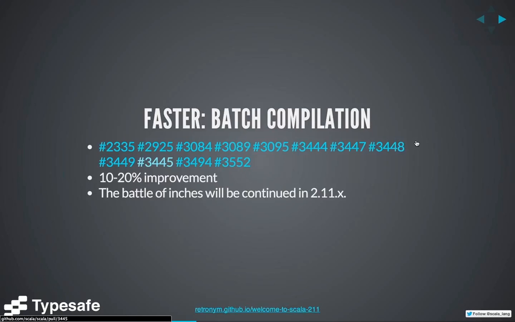We've got more patches on the way. It just takes a little bit of time for us to get these reviewed and make sure that we're not compromising correctness in the name of performance. But it's definitely an area where we see potential, and we'll continue to work on this through the 2.11 maintenance release stream.